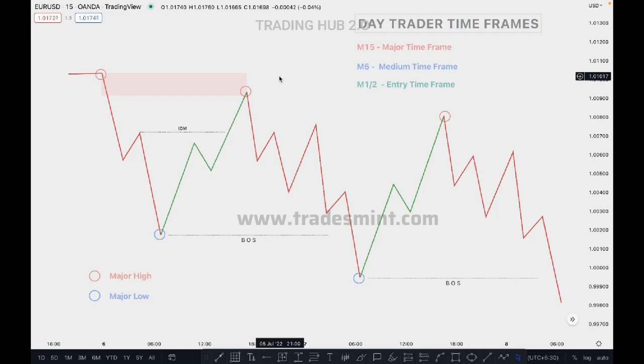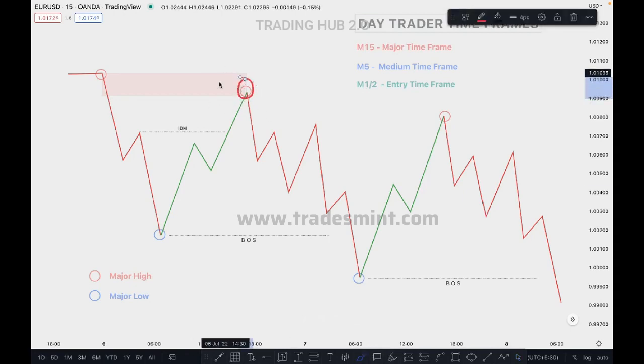Same thing is here, but this happens only on the higher time frame, not on the 1 minute. When the market taps on the supply zone, then you have to switch to the M1 time frame, which is here at this point. Correct. And you don't need to focus on the 5 minute at this point, and not the seconds time frame.